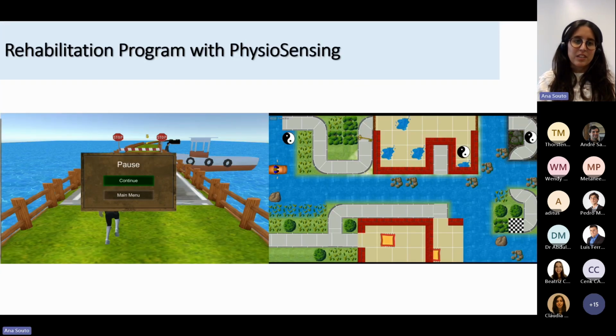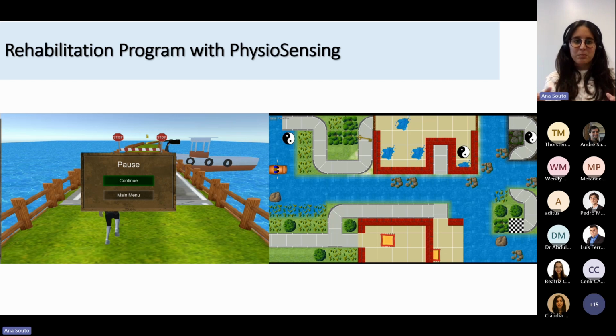For example, we have here, I can show you too, the BART, which requires load weight transfer in the medial lateral plane to collect coins and keep on, so to run away from the water.